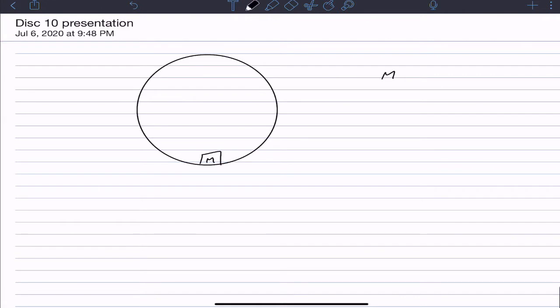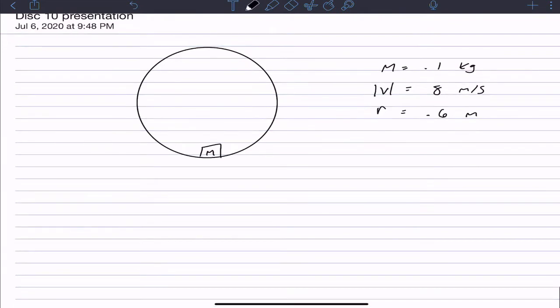Its mass is 100 grams, so 0.1 kilograms. The magnitude of the velocity is 8 meters per second. And the radius is 60 centimeters or 0.6 meters. Notice how I converted everything before I even start my calculations. It's just going to make things easier in the long run.